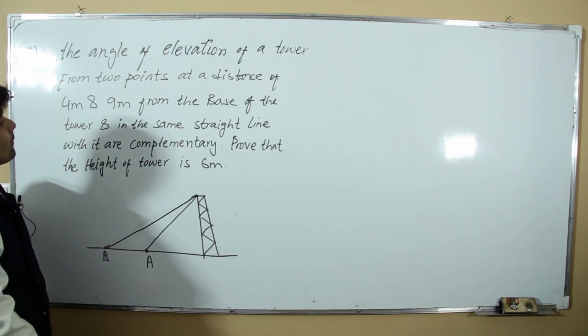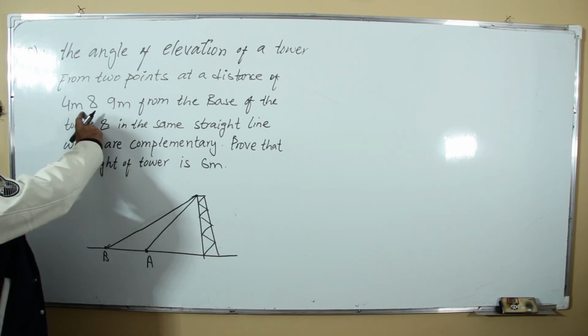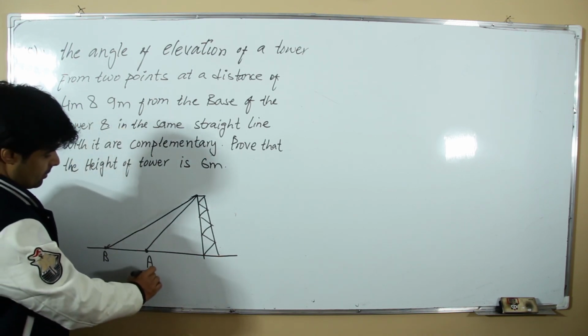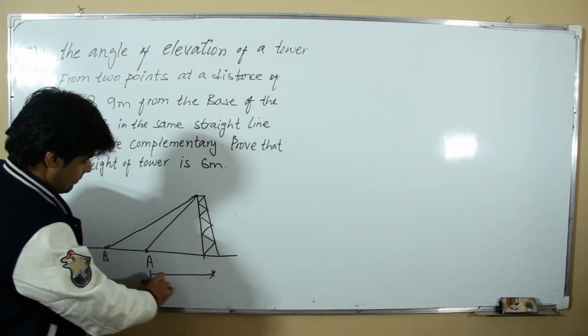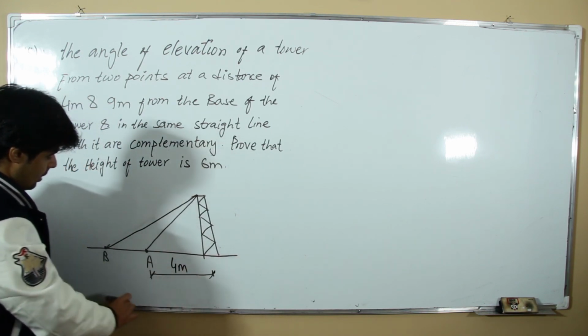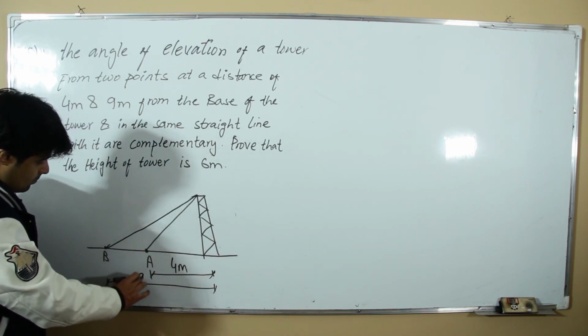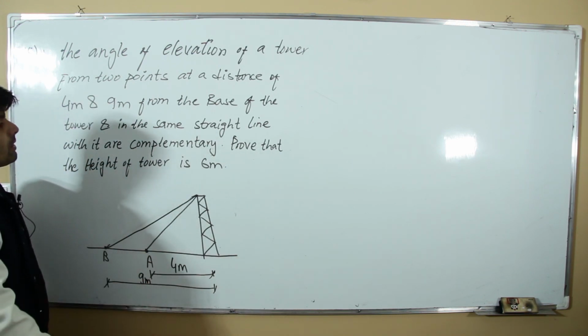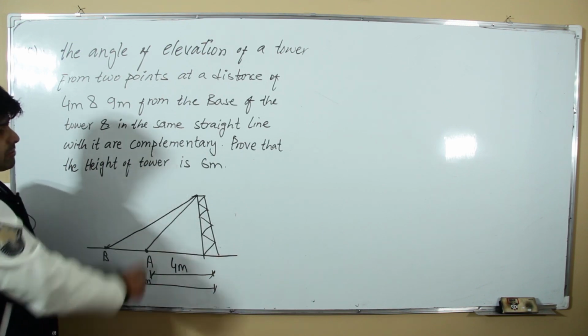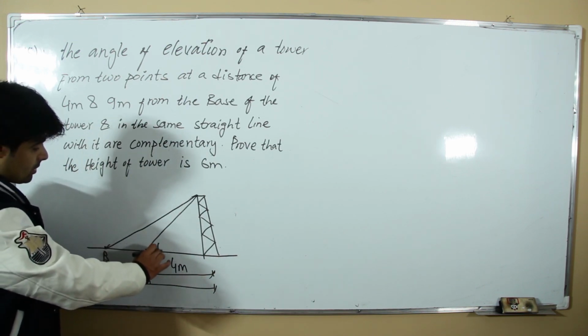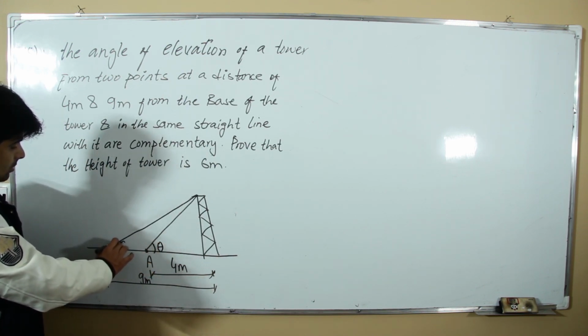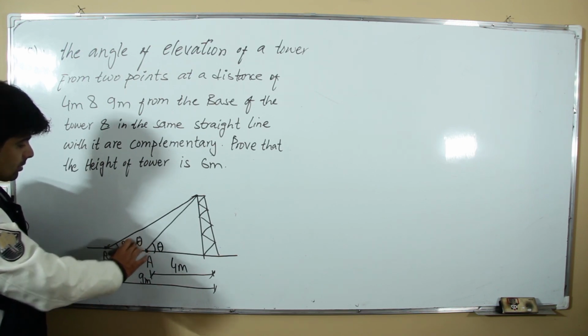Now, from the points which are 4 meters and 9 meters, this distance is 4 meters. And this distance is 9 meters. These angles are complementary. What does it mean? If this one is theta, this one is 90 minus theta.